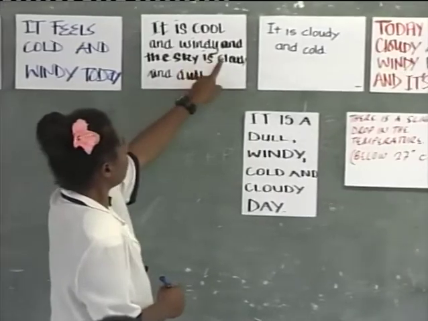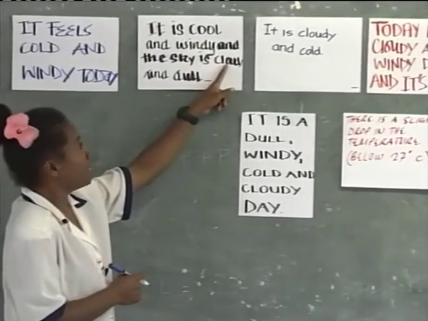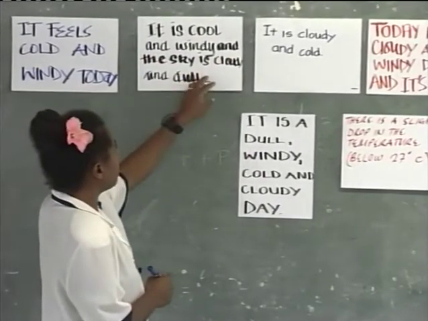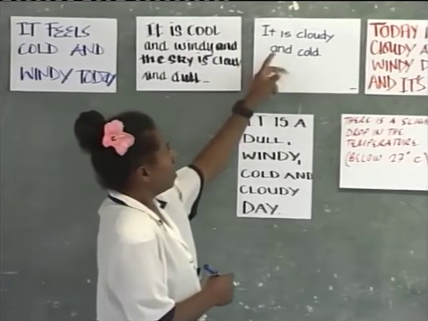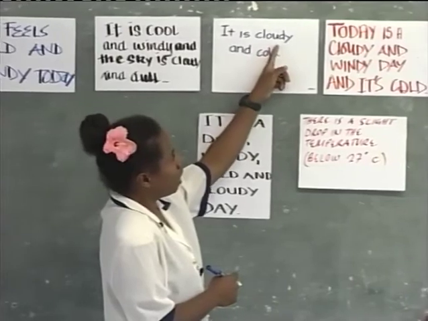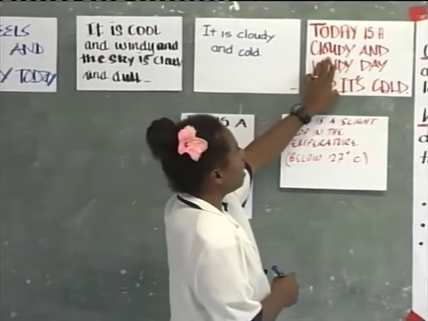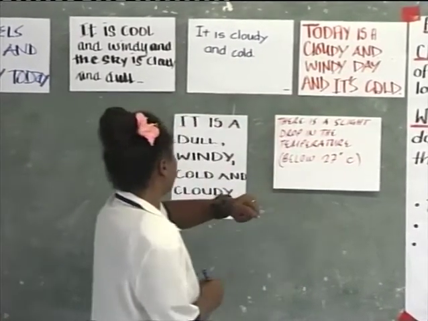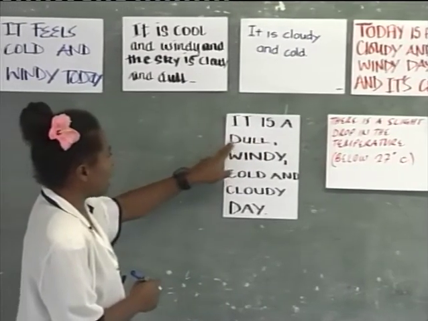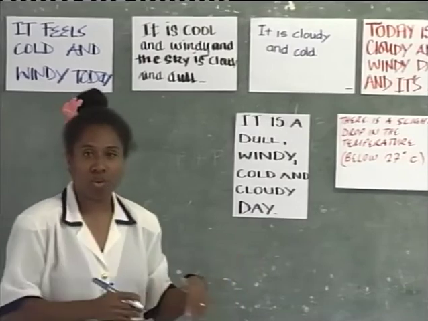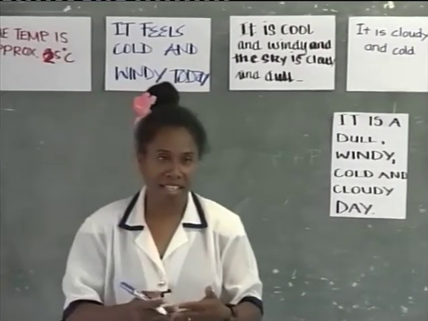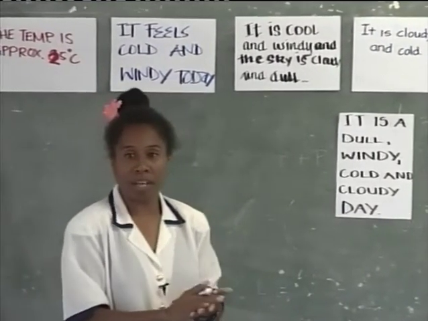From here, cloud, yes. A lot of you say that the sky is actually cloudy and dull. Here we are looking at it is cloudy. Here we are looking at today is a cloudy day. Here we are looking at it is dull and it is also a cloudy day. So what do you think is the next element of weather?